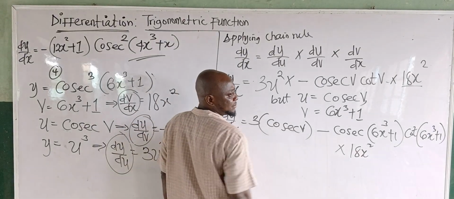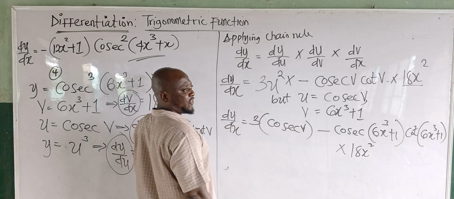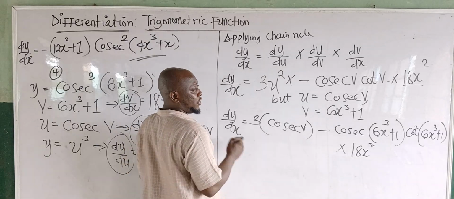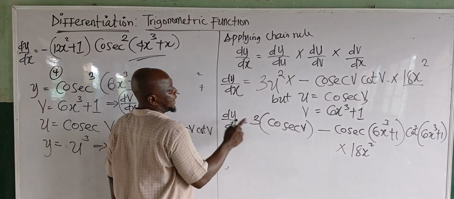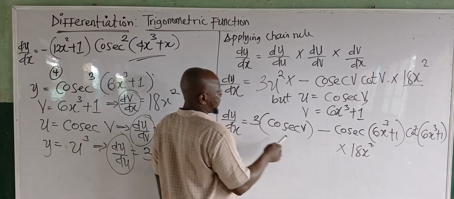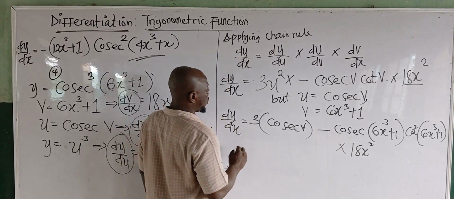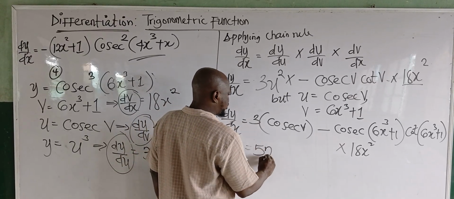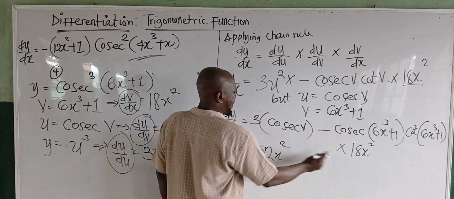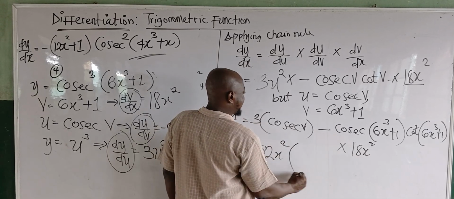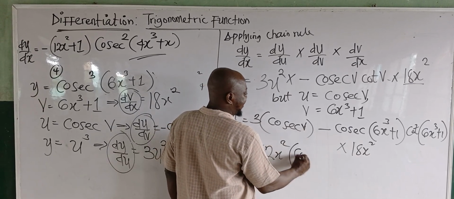So 3 times 18, that's 3 times 8 will give us 24. 4 carrying 2. That one will give us, this one is 3, that's 54. I will have that 54 here, x squared, all of this one here, then into bracket. Now I will replace this v.